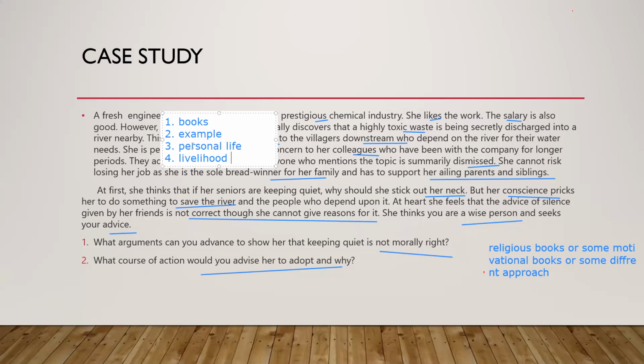Yes, you can, but I made this mistake earlier in one attempt. There was one case study. One girl was working in USA. She left her job to change the life of India. She wanted to work for the people of India.